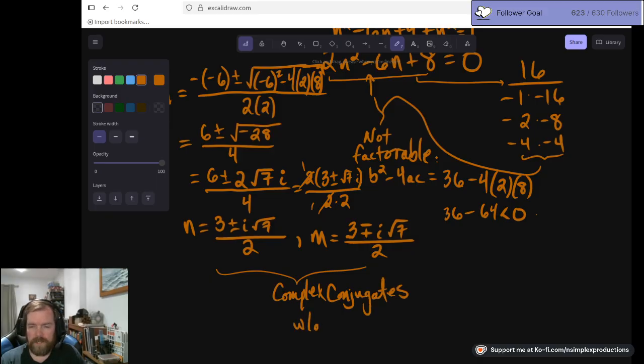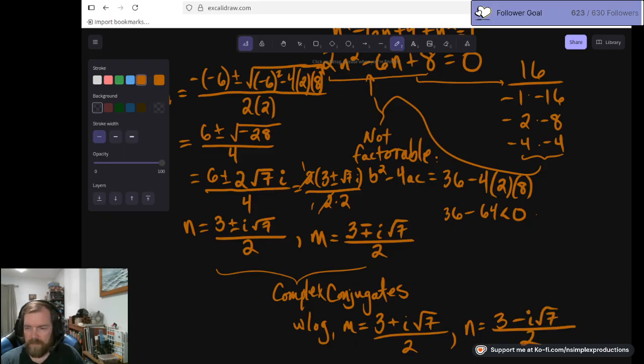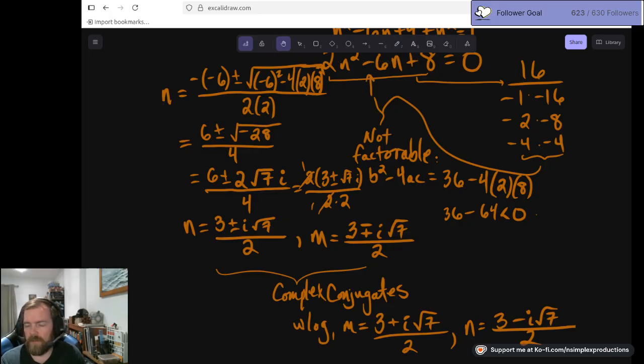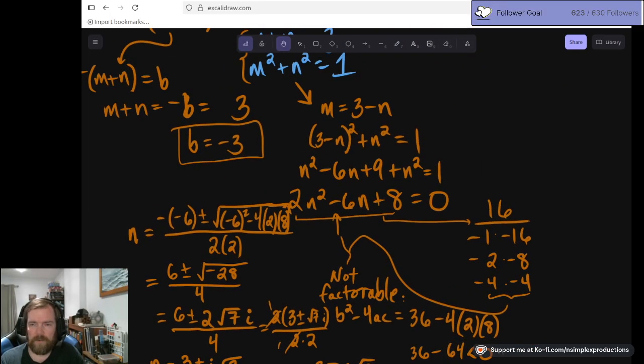And without loss of generality, m can be just equal to 3 plus i root 7 all over 2, and n is going to be equal to 3 minus i root 7 all over 2. So, without loss of generality means that it doesn't matter which one you pick, you're just going to get the other one for the other one. Whichever way you pick, the laws of mathematics are still going to hold.